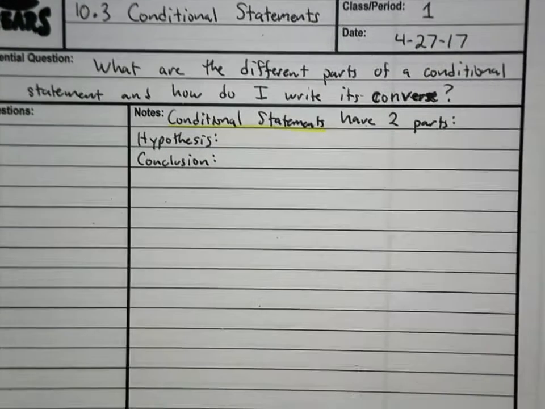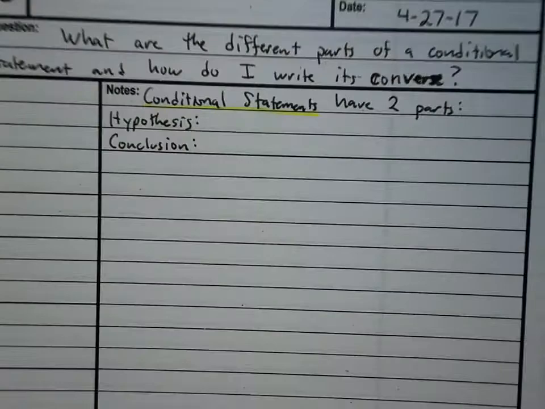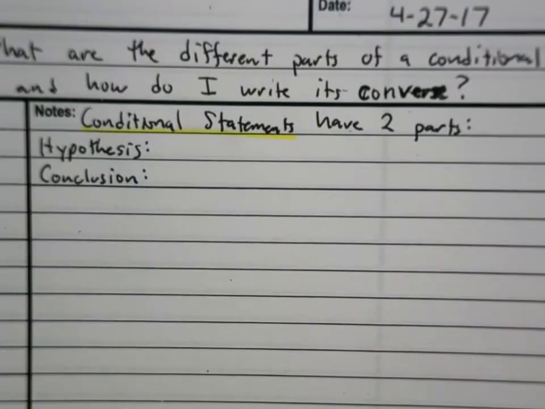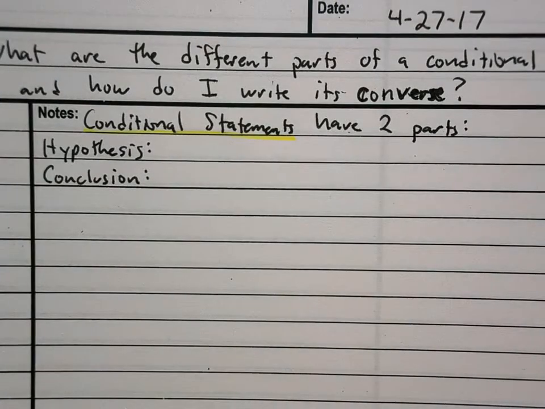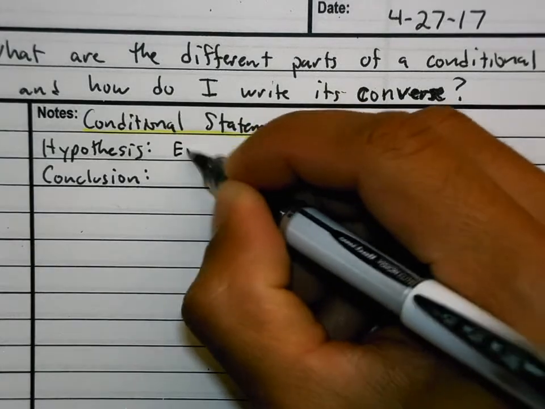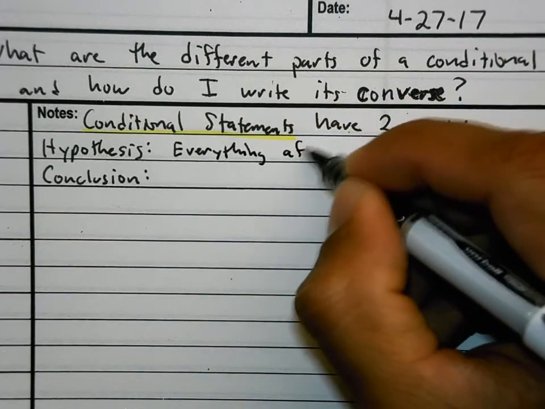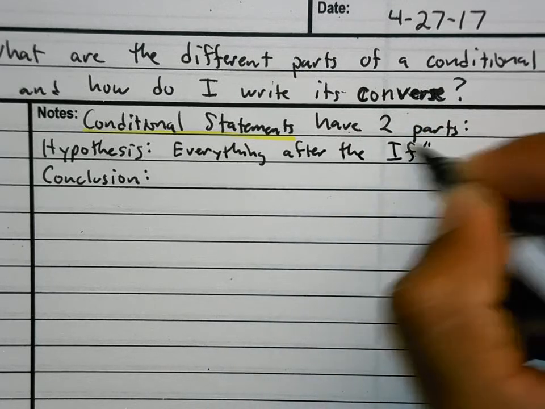I'm going to zoom in a little bit so you can see this a little bit better. Conditional statements have two parts, the hypothesis and the conclusion. The hypothesis is everything after the "if."